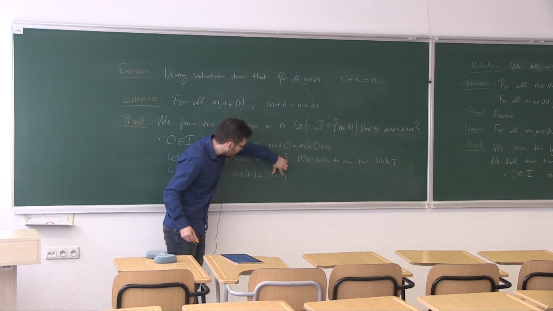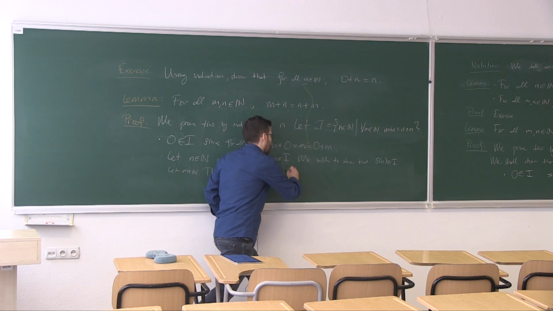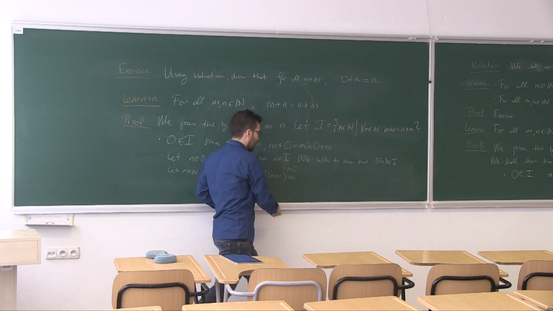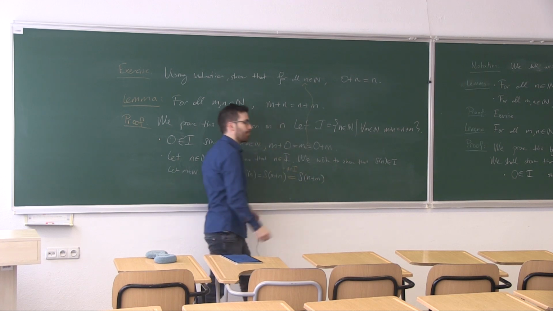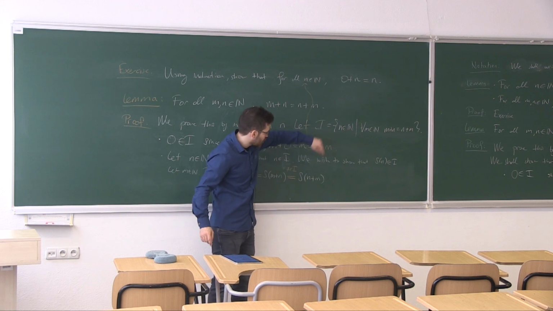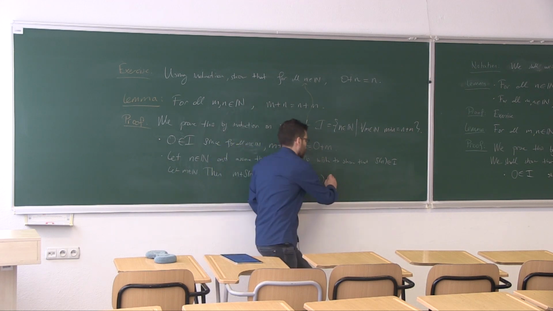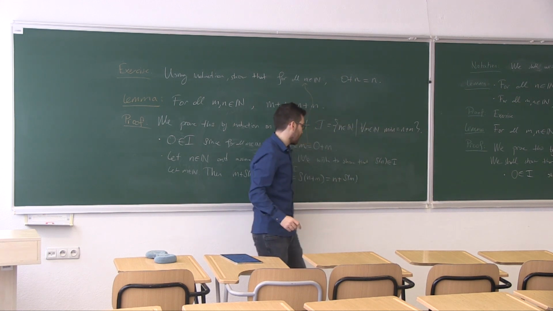At this stage, I know something about m plus n: by the induction hypothesis, m plus n is n plus m. And now I'm going to use the definition of addition again: S of n plus m equals n plus S of m by the second property over there, okay?